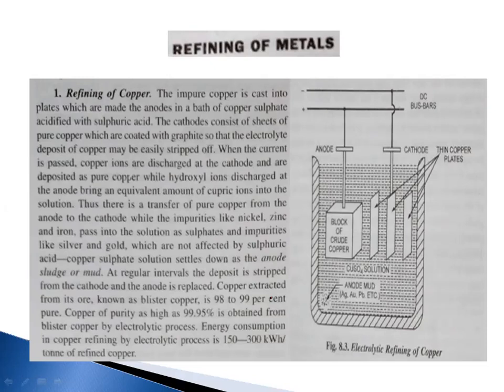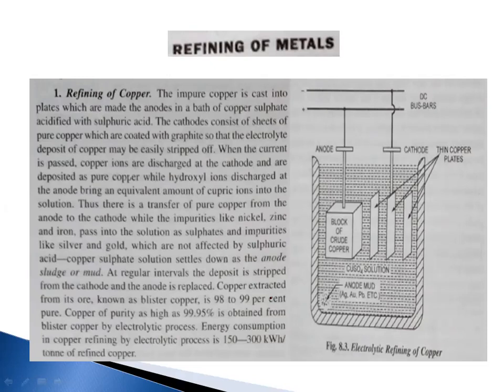Thus, there is a transfer of pure copper from the anode to the cathode, while the impurities like nickel, zinc, and iron pass into the solution as sulfates, and impurities like gold and silver, which are not affected by sulfuric acid, settle down as the anode sludge or mud. At regular intervals, the deposit is stripped from the cathode and the anode is replaced.